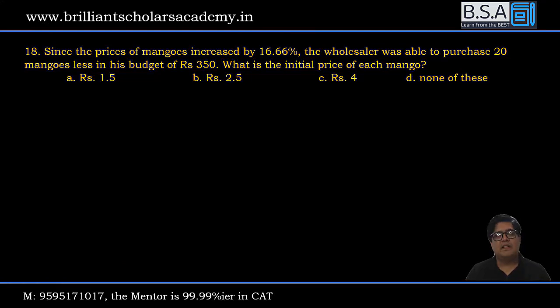What is the initial price of each mango? Price is increasing because price increases and we are not changing the expenditure. Expenditure is fixed, 350. The question is, if 20 mangoes were bought less, so what is the price? What was the initial price of mango?